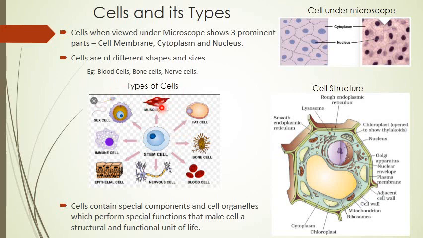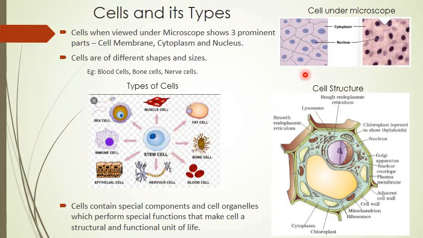They take the shape of this kind, the fat cell looks like this, and the bone cells take the shape of this, then blood cells, nervous cells, epithelial cells, etc. The cells have different shapes and sizes. It need not always be as I've shown in the slide. It can take different shapes. So these are some of the types which I have shown here.